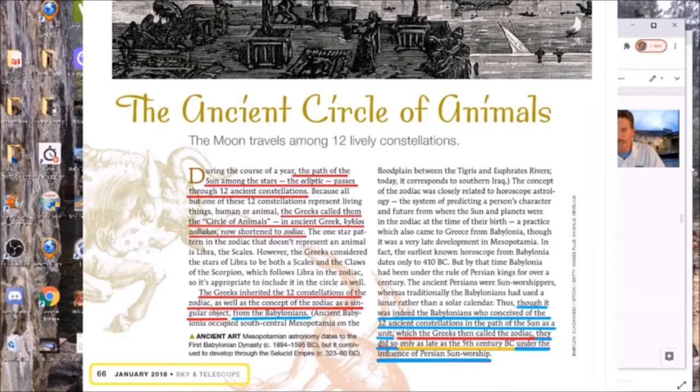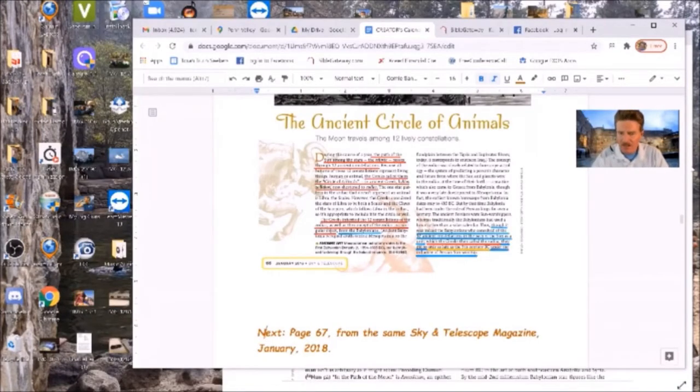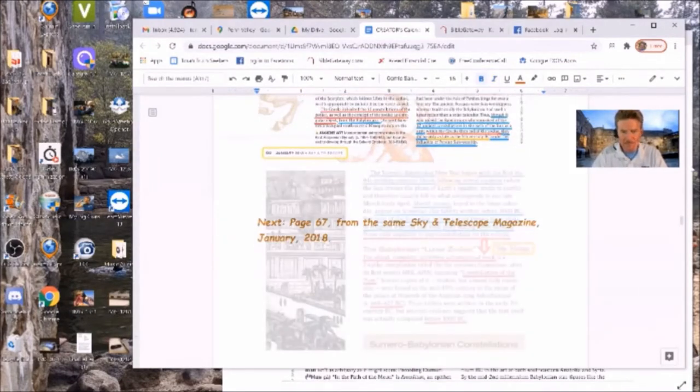And that's what they're saying here, that the Babylonians made a change and it became solar in the 5th century, where it was lunar before that. As we'll see as we go to page 67 from the same Sky and Telescope magazine, January 2018.